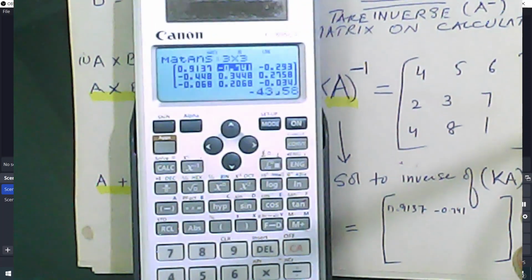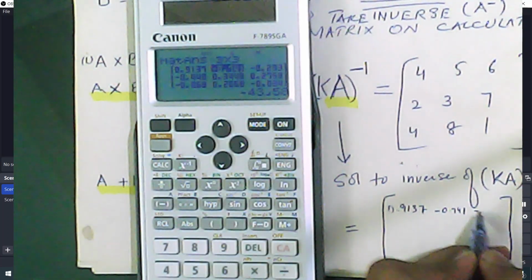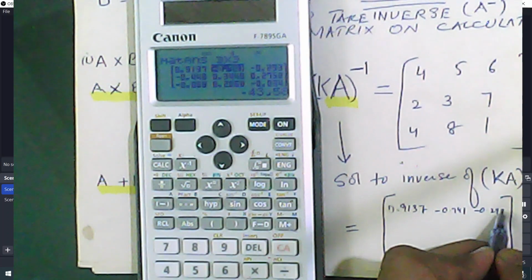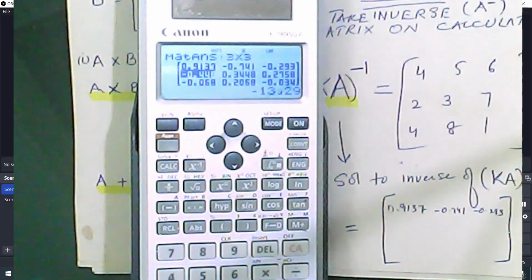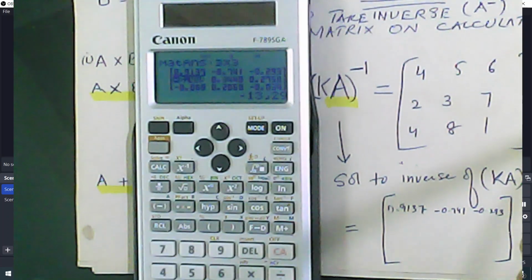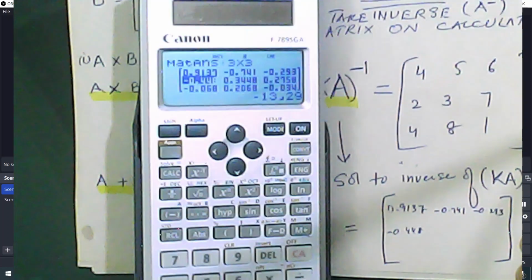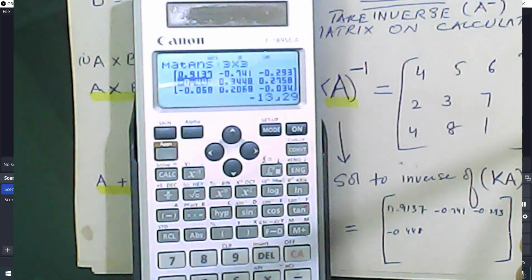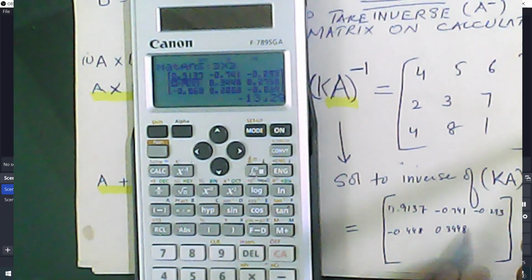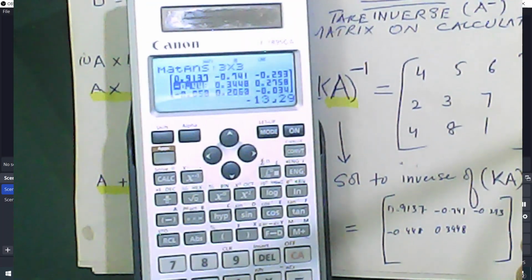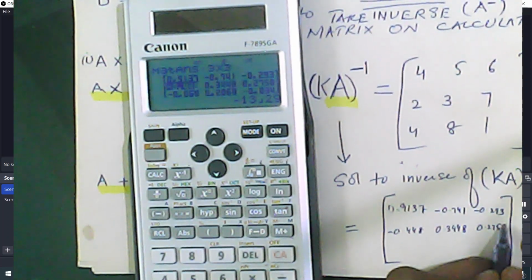The third value is minus 0.293. The fourth value is minus 0.448. The fifth value is clearly shown as 0.3448. The sixth value is 0.2758.